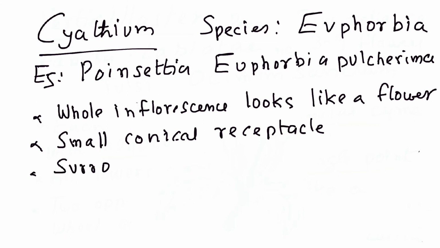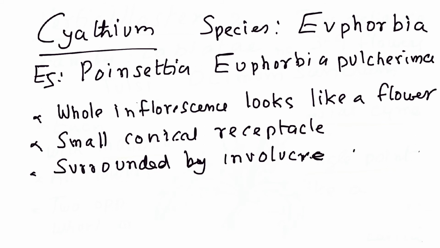And now we come to another very important point, that is the presence of the nectary glands which produce nectar. So the conical receptacle is surrounded by an envelope of around 5 green or colored bracts, and this region has nectary glands, or glands which produce nectar.